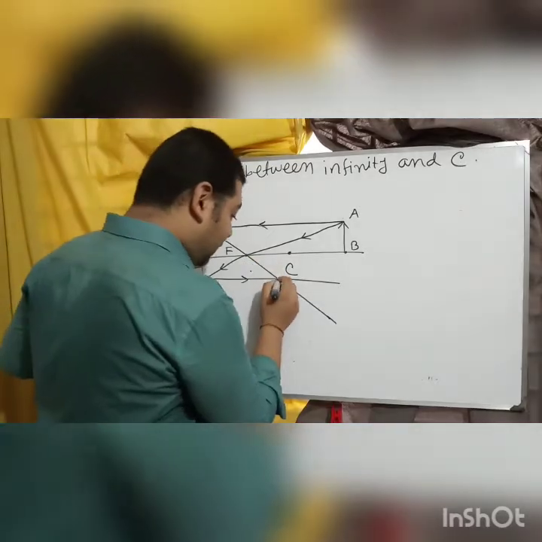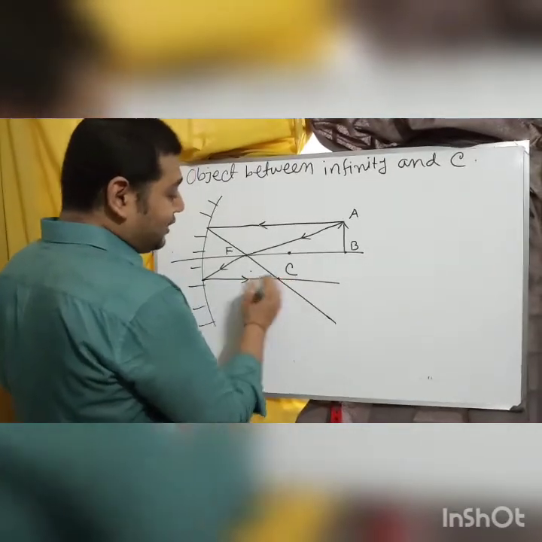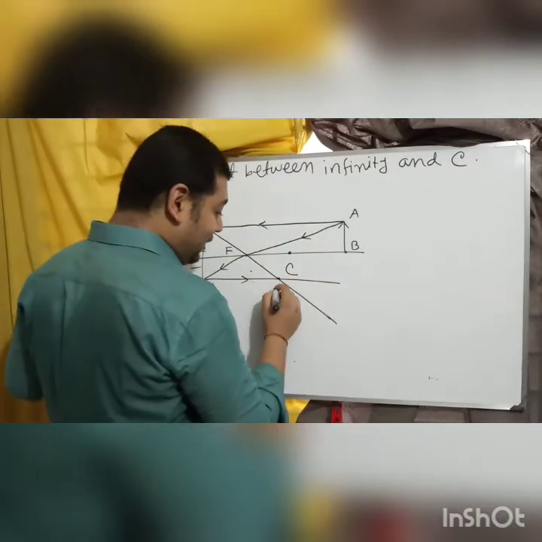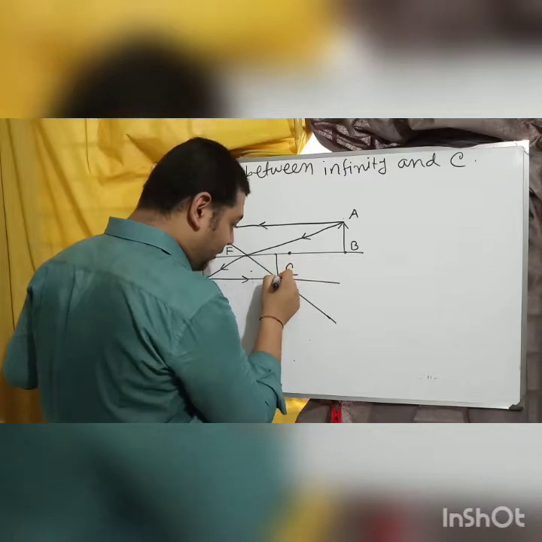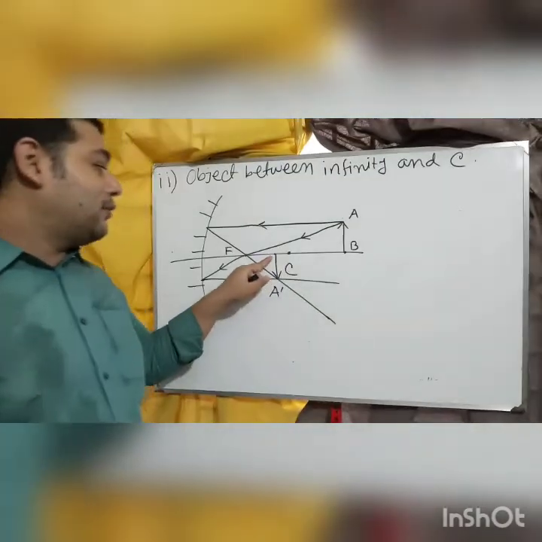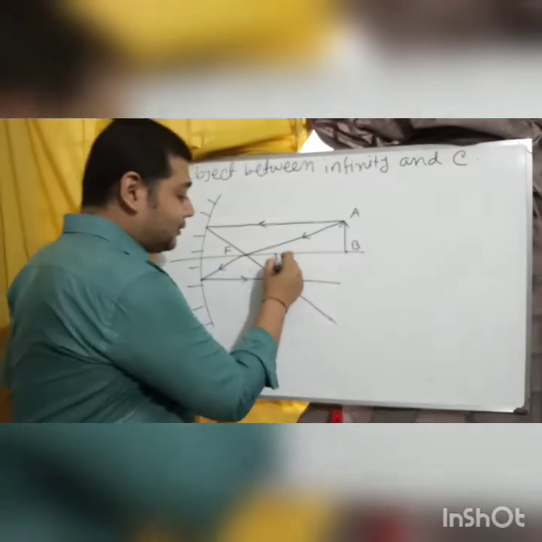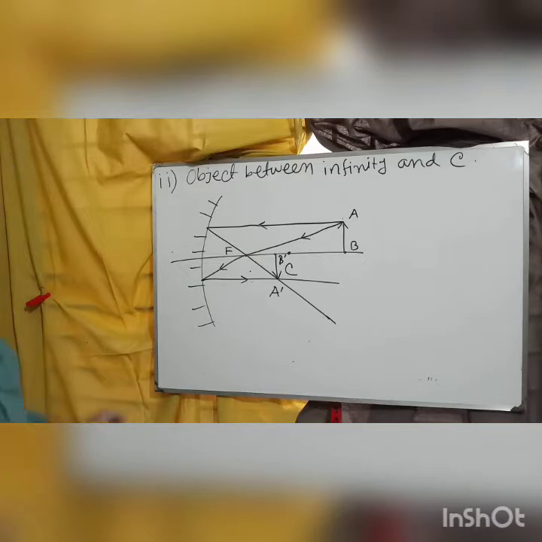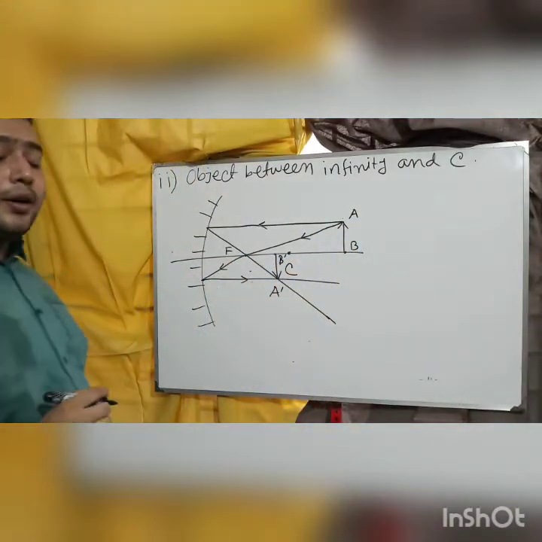Then the two reflected rays meet at the point named A prime, and the vertical line from the main axis is the image of our object.